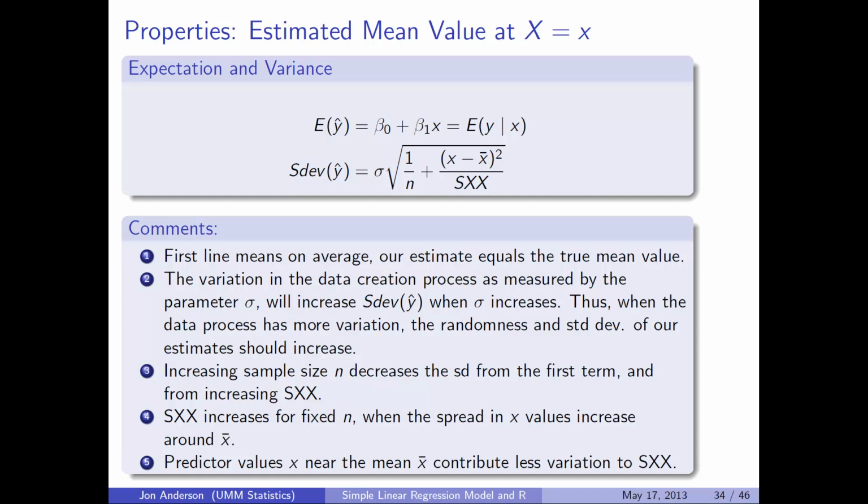And if you think about this, what it means is that if you predict what y is going to be, or the average value of y is going to be, at a very strange extreme value of x that's either really big above average or really small below average, it increases the variation and the uncertainty in your estimate. And I think that makes sense, that if you're trying to estimate away from where you have a lot of data and values of x, you will typically not do as well.